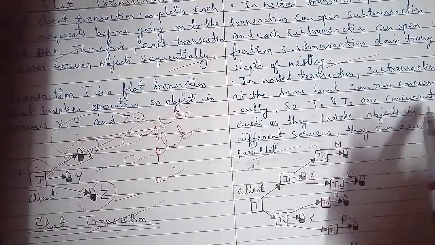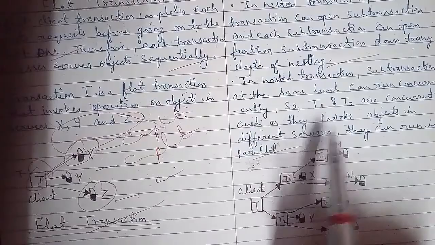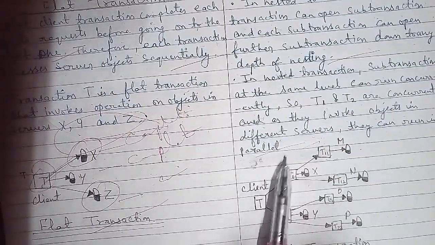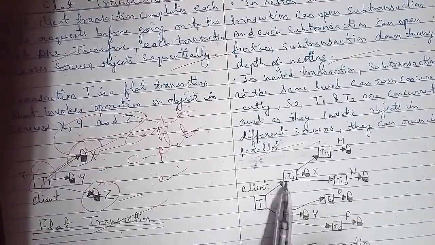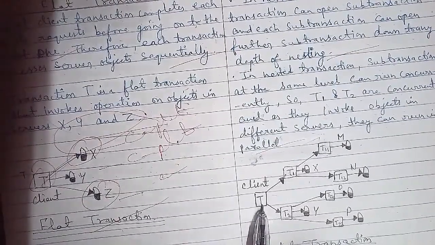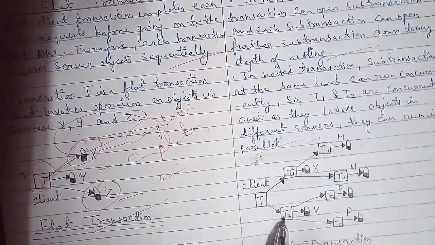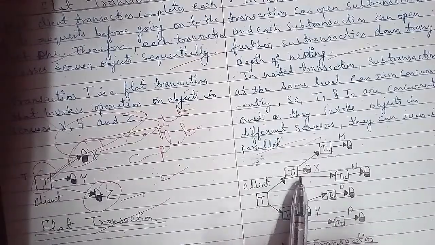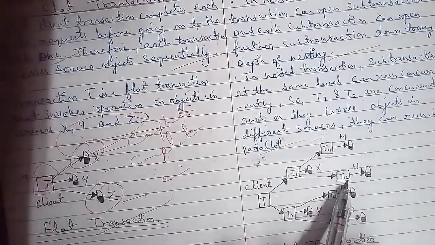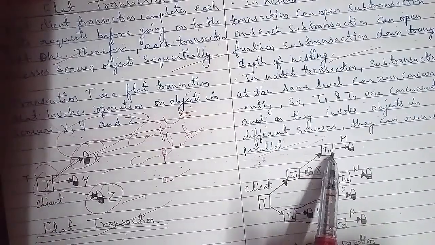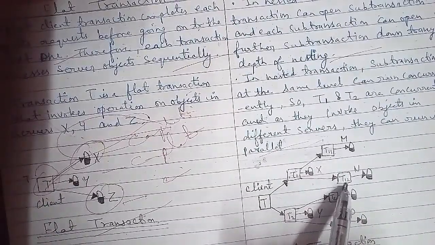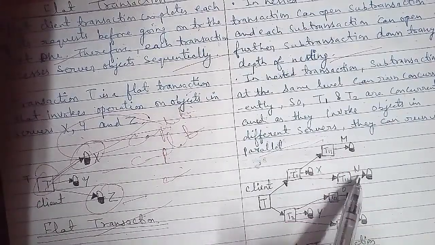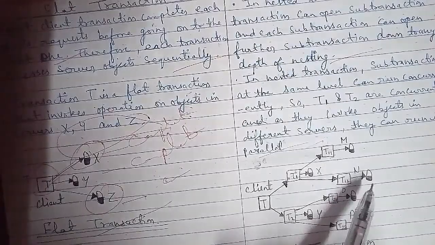So the T1 and T2 are concurrent, and as they invoke objects in different servers they run in parallel. तो basically the point was that कि अगर सब ट्रांजेक्शन फॉर एग्जांपल जैसे आपका ये ट्रांजेक्शन T1 और T2 में जाता है, देन आफ्टर दैट अगर ये करस्पॉन्डेंस पैरेलली T1 को रिक्वेस्ट करता है, X को रिक्वेस्ट करता है, दैट T1 रिक्वेस्ट सर्वर करता है, तो अकॉर्डिंगली दैट ये पैरेलली इन सबको परफॉर्मेंस के लिए सिक्वेंशली दे सकता है. फॉर दैट T1 जो है वो M को रिक्वेस्ट करेगा, देन आफ्टर दैट दे मूव ऑन टू द that object request that is N.